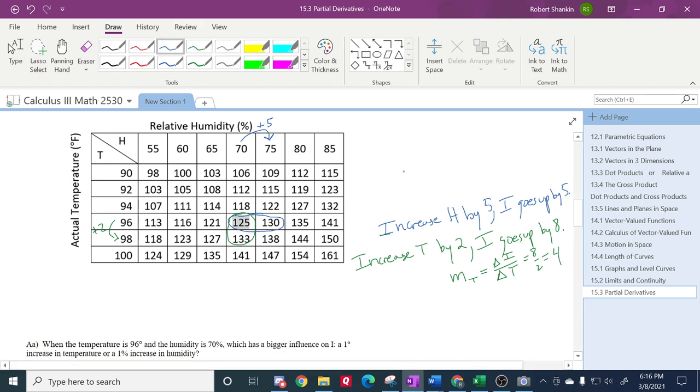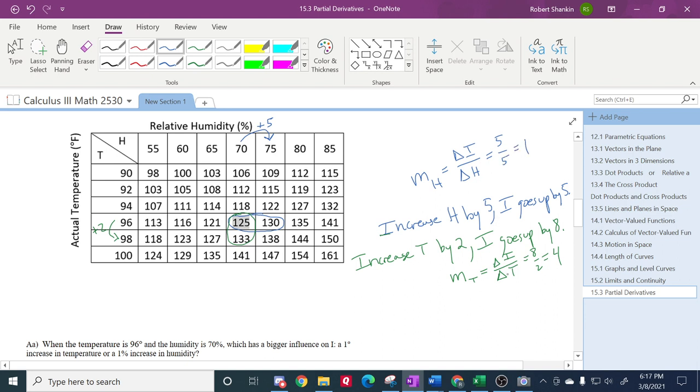And this other one is a slope, but it's with respect to H. It's the change in the output versus the change in the input H, which is 5 over 5, which is 1.